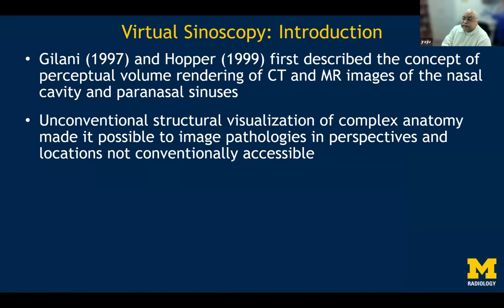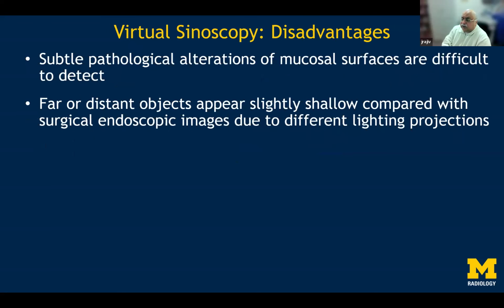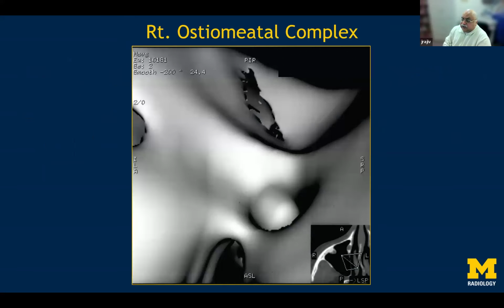Virtual sinuscopy was designed just to have an overview of looking at the mucosa covered sinuses, which was delineated from the CT studies, and they look like something like this because it will just look as though the person is looking at the mucosa with the endoscope.